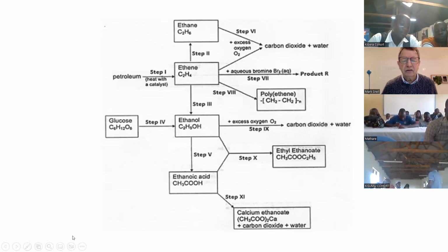Step 4 we've done. Step 5 is ethanol to ethanoic acid. That's oxidation, which is K2Cr2O7 and dilute sulfuric acid. And we would normally heat it under reflux so it can't disappear. That's quite an important detail, really.